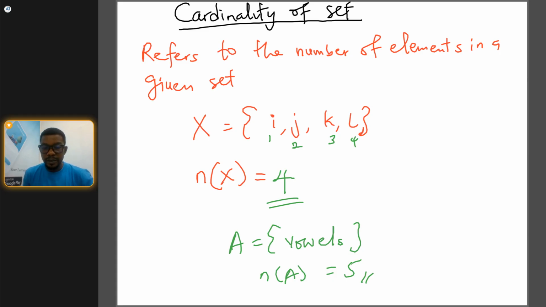The next thing to consider is the union of a set. We have the union of a set, and we have the intersection of a set. Union and intersection of a set. All right, so let's clean this.